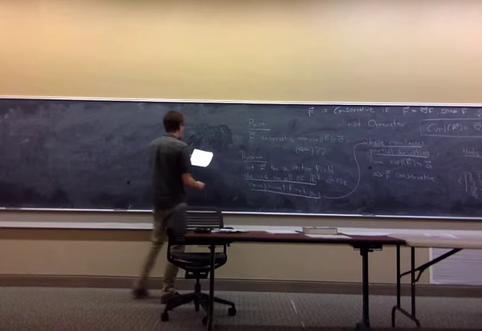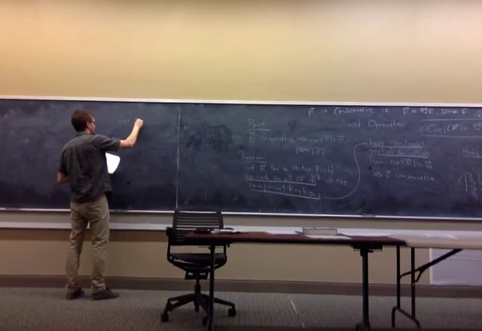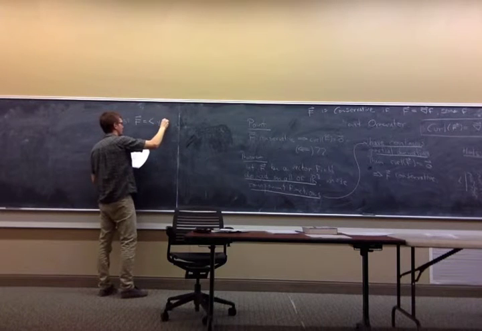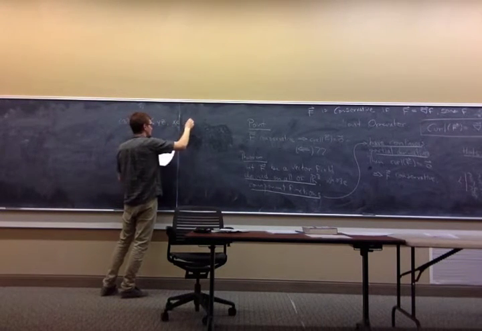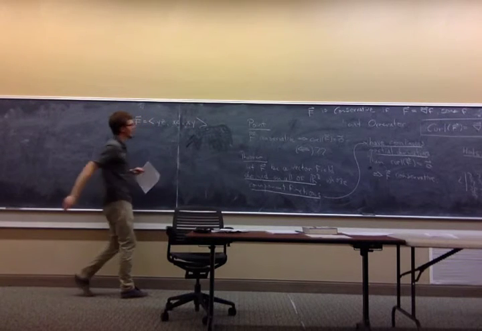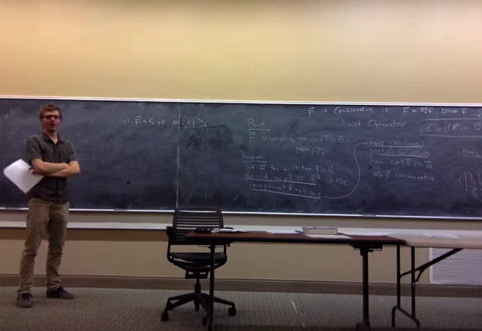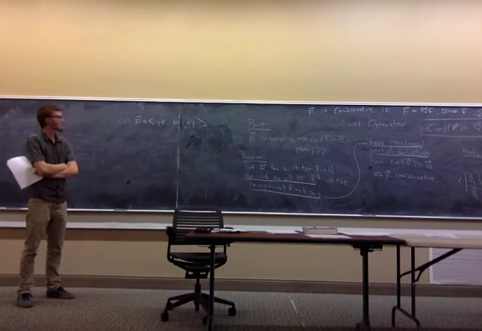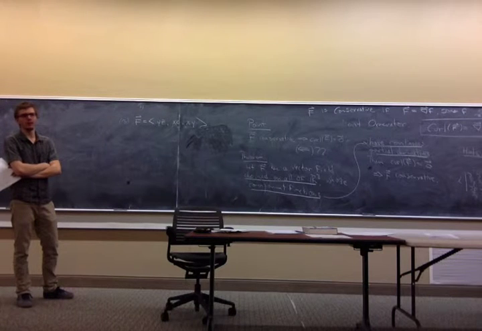So let's take a look now at the vector field that we've been given in problem 3. The question is, is this thing defined on all of R3? If you're skeptical, I'd challenge you to come up with a point x, y, z at which this thing is not defined.